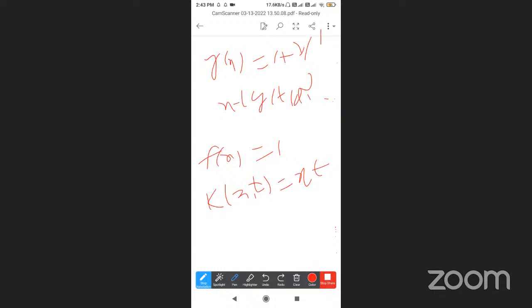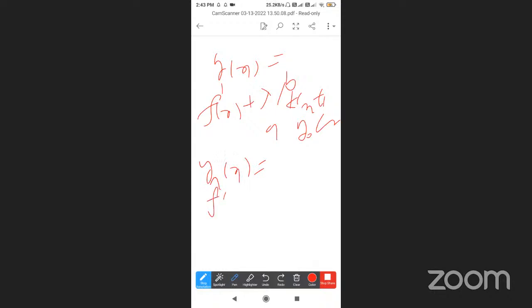So y1 of x is equal to f of x plus lambda times the integral from a to b of k of x comma t y naught of t dt. We apply the formula for y n of x from the 9th equation, page number 367: f of x plus lambda times the integral from a to b of k of x comma t y n minus 1 of t dt.